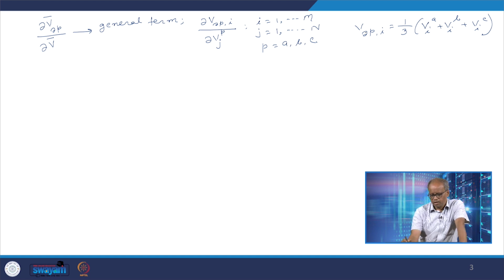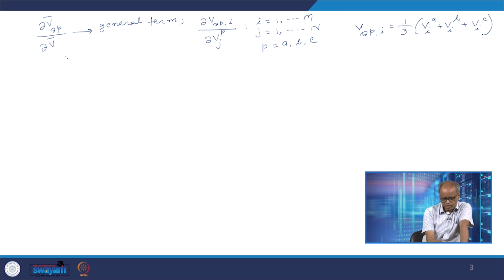Okay. So if that is the case, we can see that this expression of V specified I is only dependent on VIA, VIB and VIC. That means the partial derivative of V specified I with respect to any other bus terminal voltage would be 0, because it is not dependent on any other VJP.